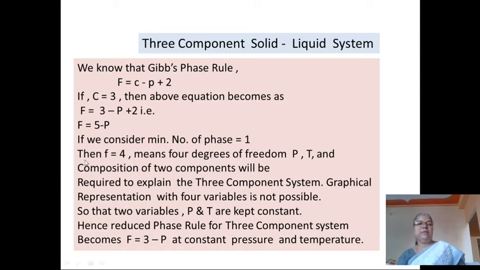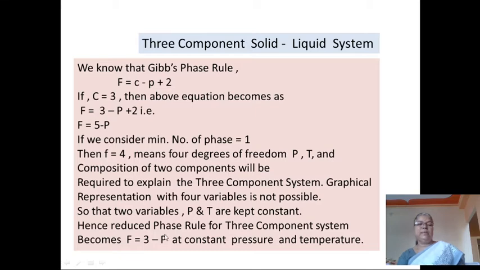Hence the reduced phase rule for a three component system becomes F equals 3 minus P at constant temperature and pressure. From this 5 we kept constant the two variables, pressure and temperature. When the number of phases is equal to 1, the degree of freedom becomes equal to 2.